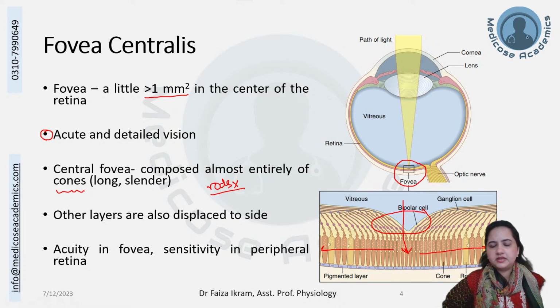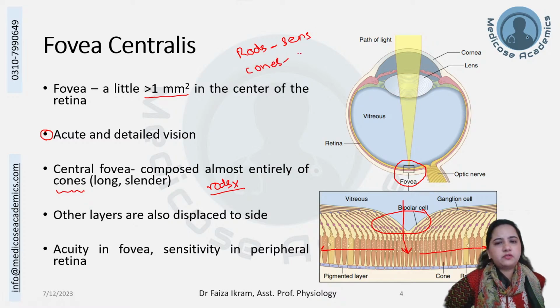So one thing we can decide over here: rods have more sensitivity and cones have more acuity. We will be discussing in detail in the coming slides.